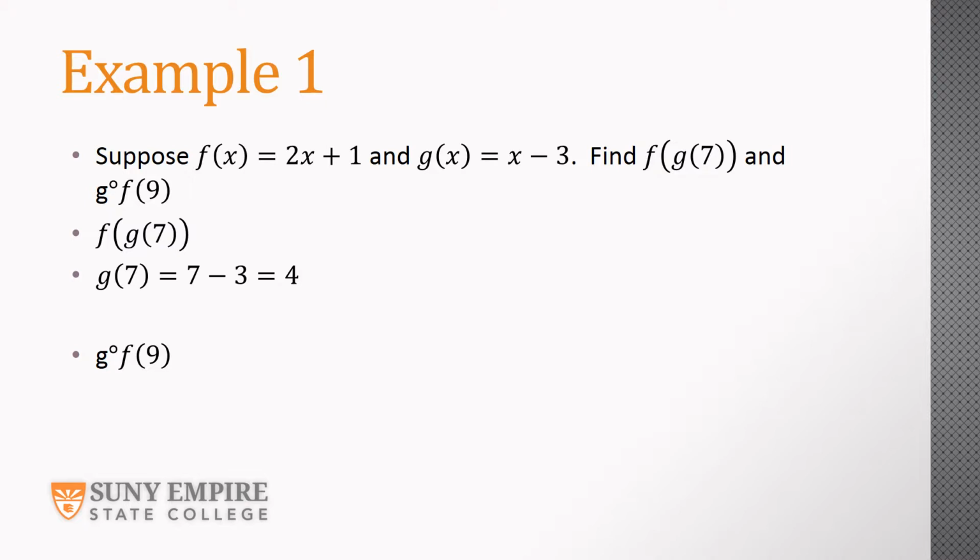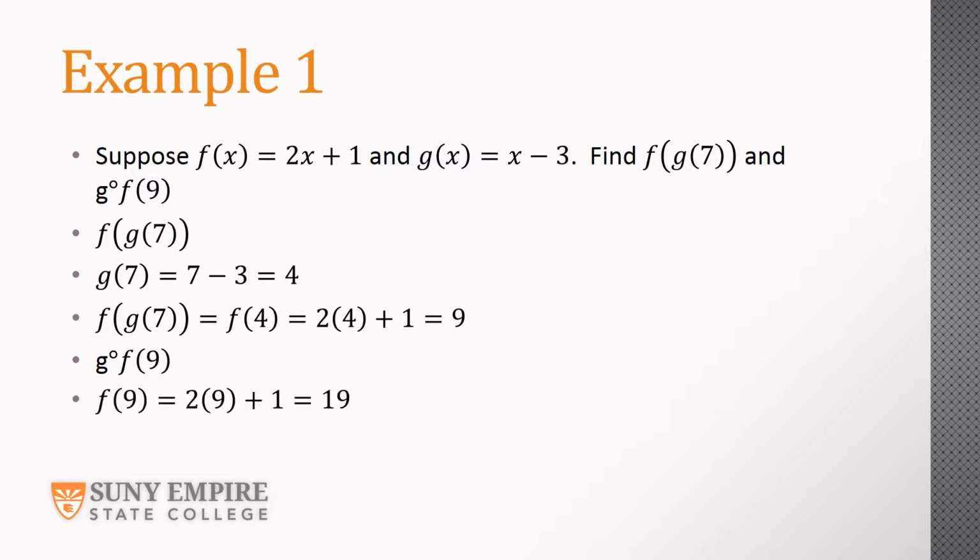We plug in the 7 for x, giving us 7 − 3, which is 4. This function value of 4 becomes the input we plug into function f. So we need to find f(4), which is 2 multiplied by 4, plus 1. So overall, f(g(7)) equals 9.